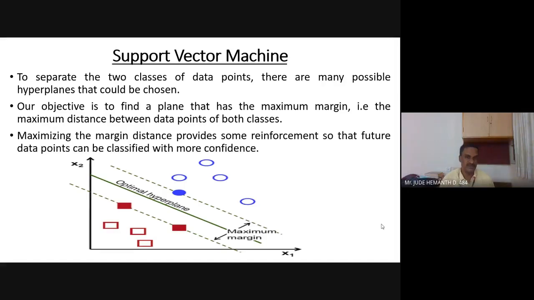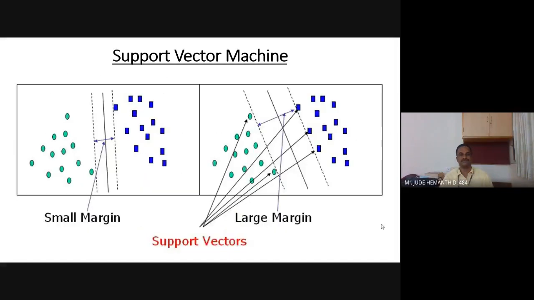But we have to make sure that the closest possible squares and circles themselves have a sufficiently longer or higher distance. So that will be the best hyperplane. That will be the best line with which we can classify our squares and circles. Here I have given a difference for you between a small margin and a large margin.